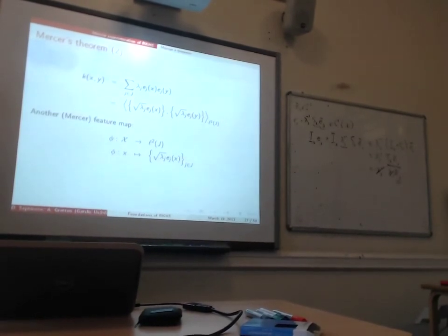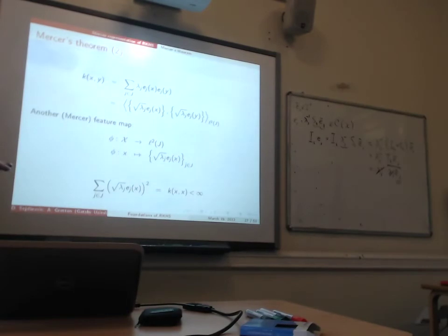So instead of that abstract feature map k(·,x), you get a very nice interpretation of what's going on. You're just evaluating a bunch of functions at x. And so how do I know that this sequence is in small L2? How do I know that this feature map is well defined, in other words?